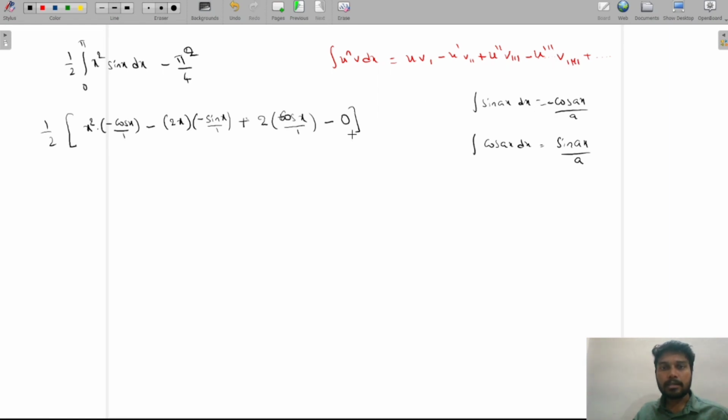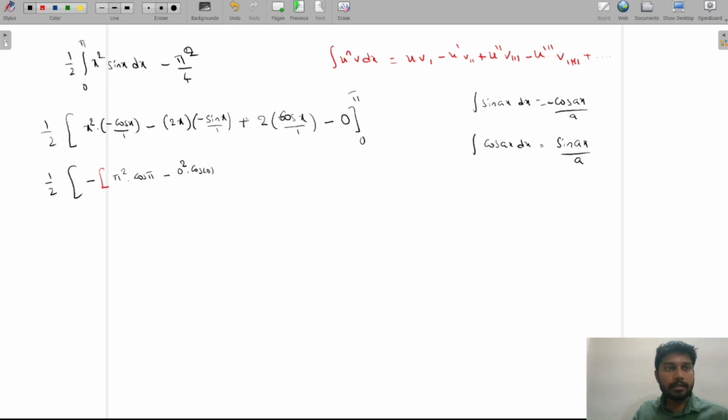Okay, so bracket close and substituting upper limit 0 to pi. Okay, now substituting limits: 1 by 2 of minus, I'm keeping minus outside. Okay, minus of, substitute upper limit pi, upper limit minus lower limit.